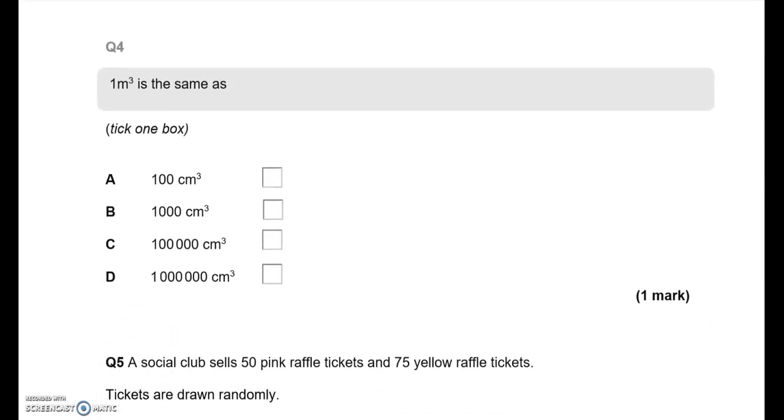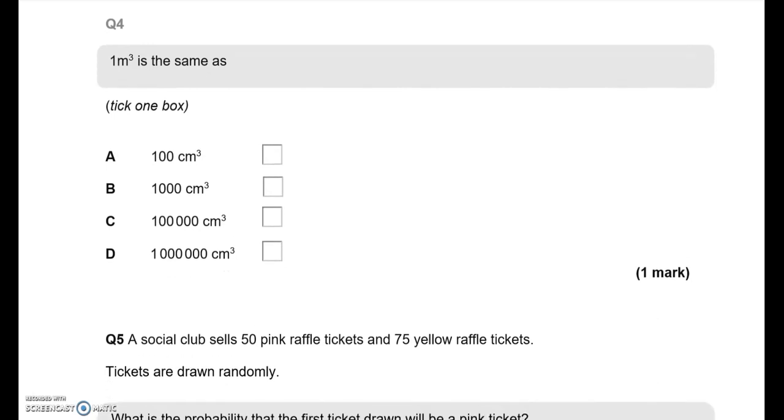Question 4. 1 cubic meter is the same as 100 cubic centimeters, 1,000 cubic centimeters, 100,000 cubic centimeters, 1 million cubic centimeters. Okay, so we know that we need to multiply length by width by height to get volume, which is expressed in cubic units.